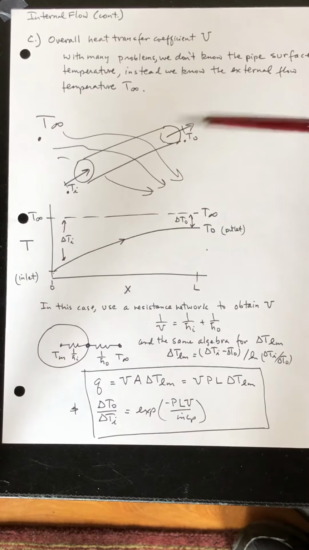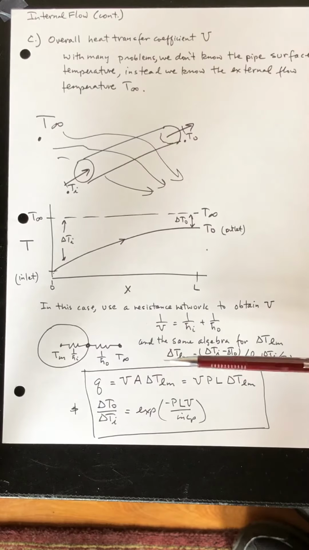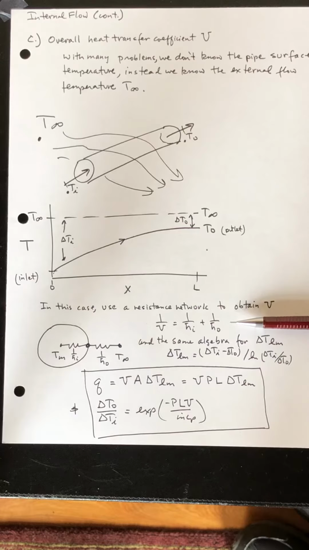Well, because we now have a situation with an external flow, we go to a resistance network, and we then will have to compute the internal and the external heat transfer coefficients. And we will cover that in just a bit.